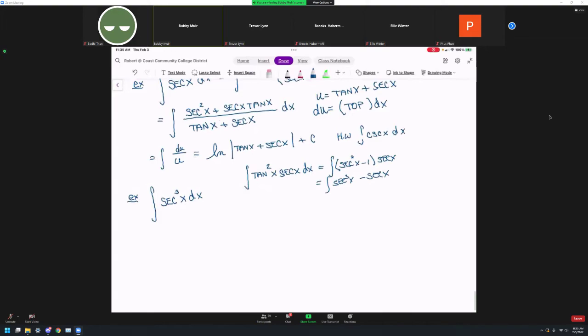So with this one, what we actually have to do is haul out integration by parts. Okay. So we'll use parts on this. u will be secant x and dv be the easy derivative guy.